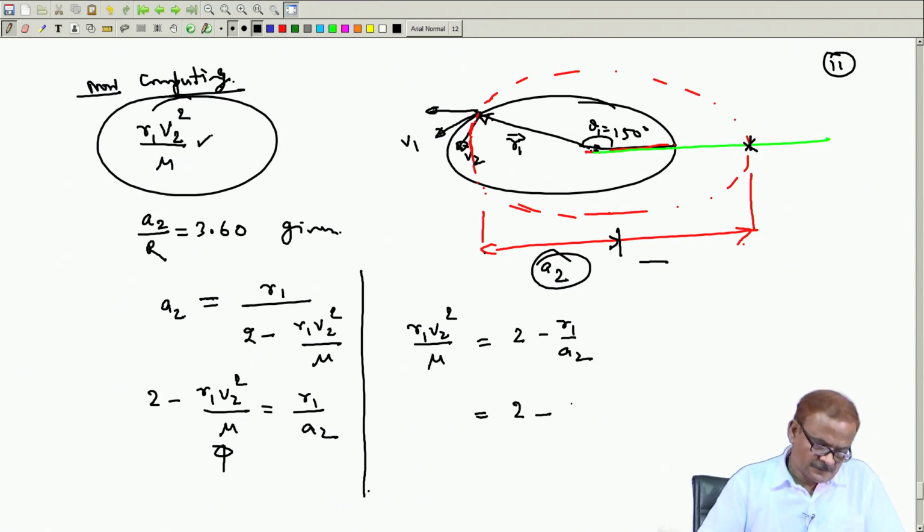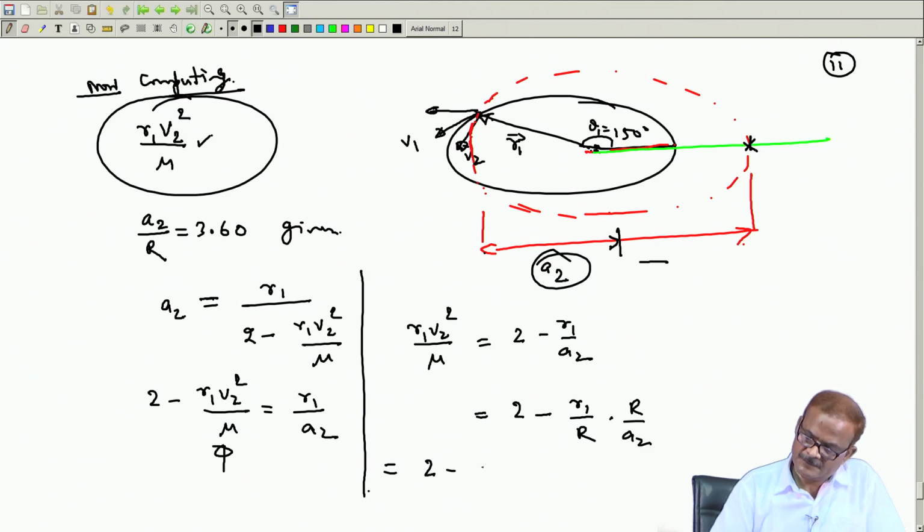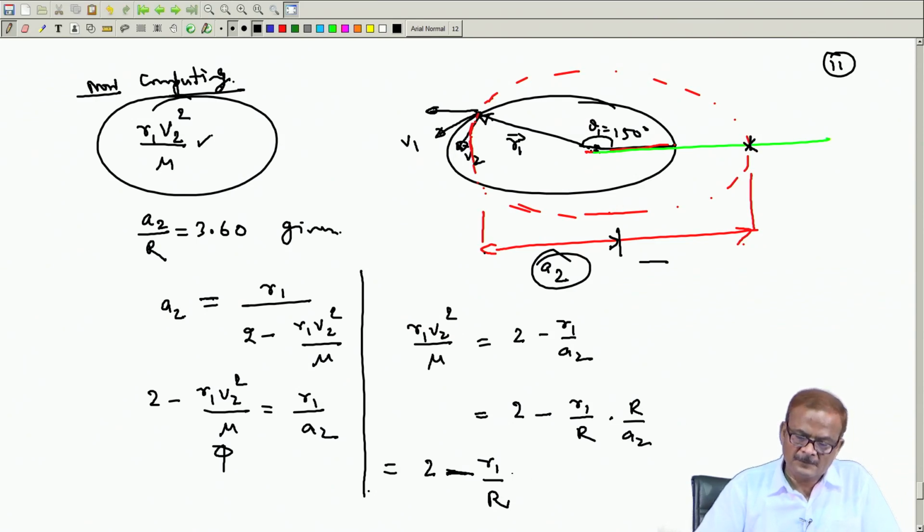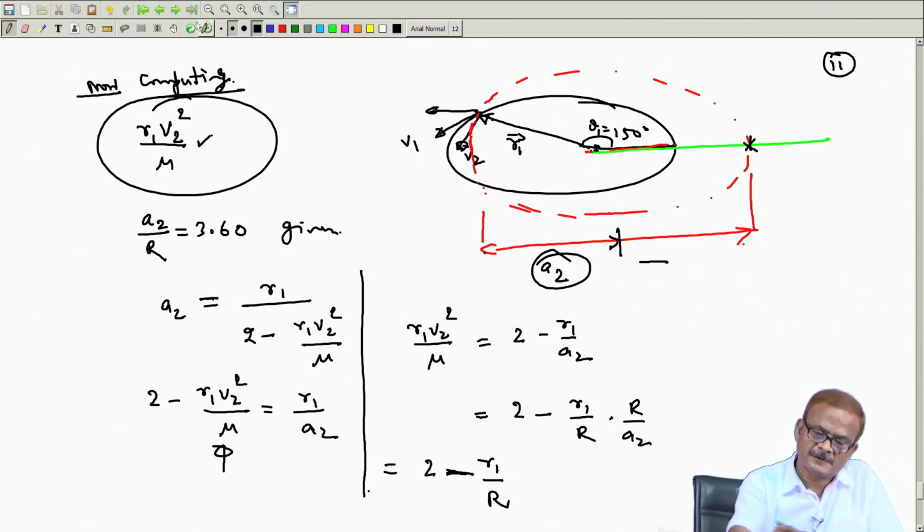So, 2 minus R 1 by R times R by A 2, this equal to 2 minus R 1 by R. So, R 1 by R, these quantities are known to us actually.